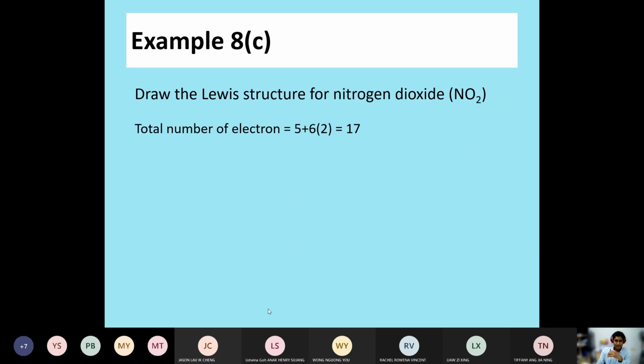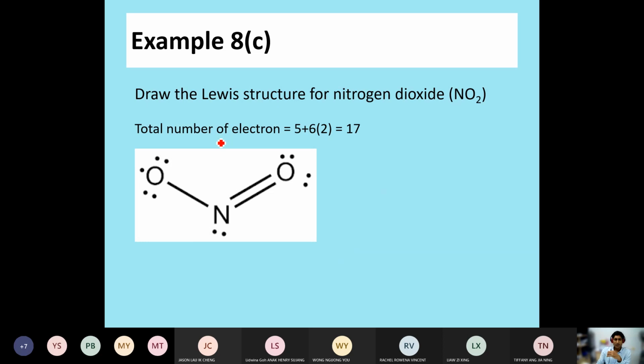Nitrogen dioxide then. But there is one problem when there is nitrogen, all right? When there is nitrogen, we have to be a bit careful about the nitrogen structure, because there is always, this is problematic.